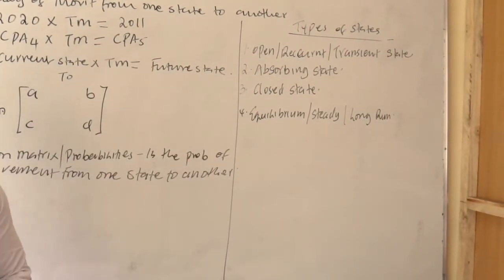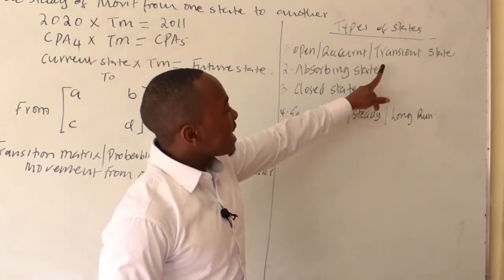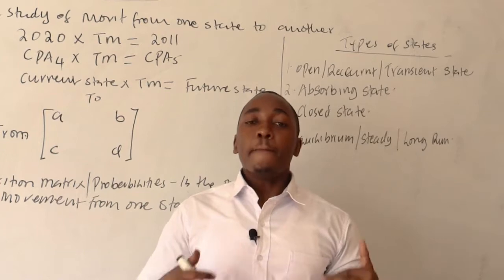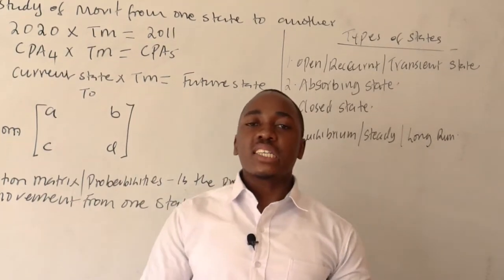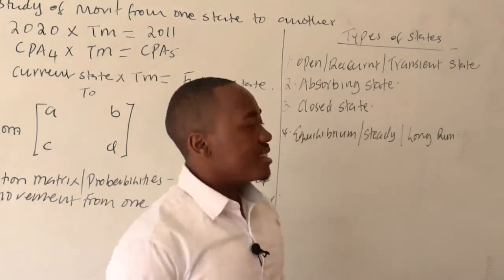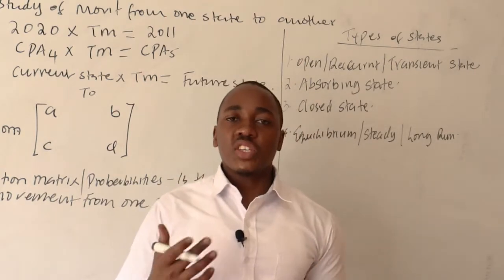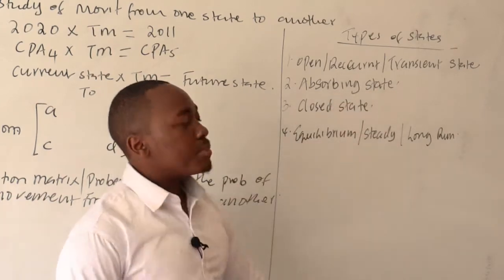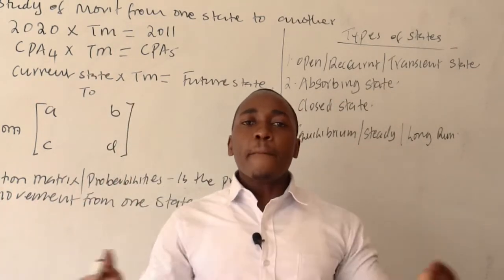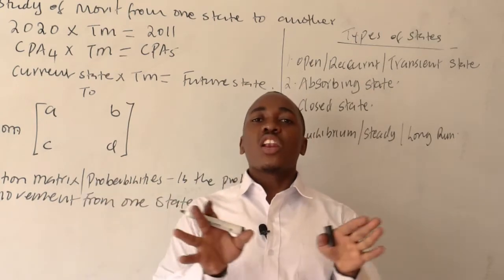So, number one is the open or the recurrent state. Now, an open state, this is where it's open. Members can join and they can exit freely. That's what we call open or recurrent state. Then we have absorbing state. Absorbing means that it's a state where members can join but they cannot exit.